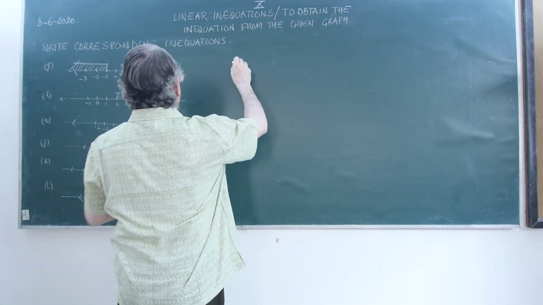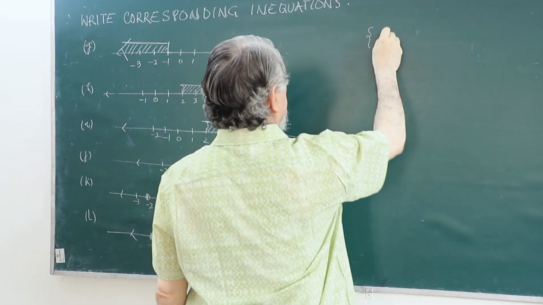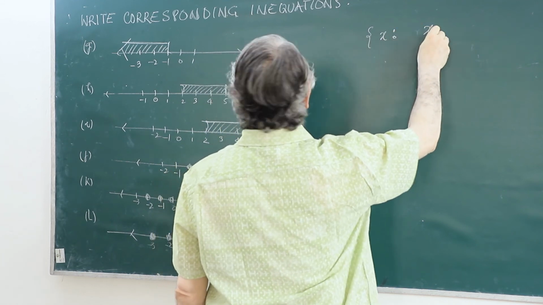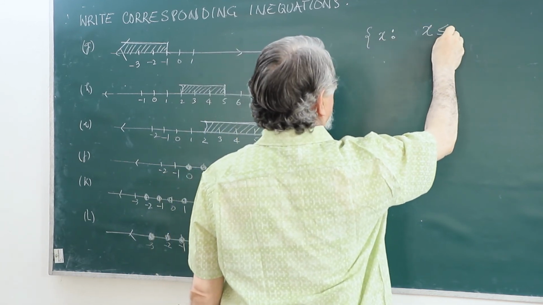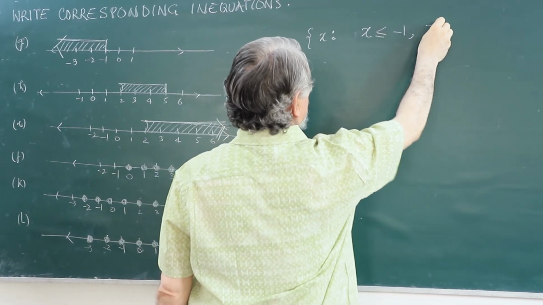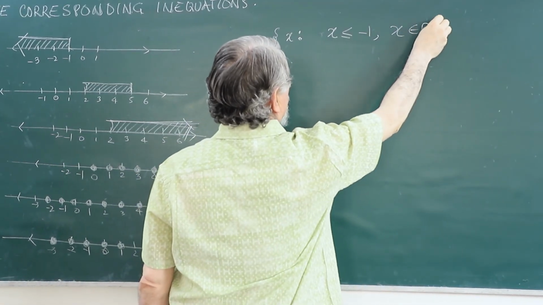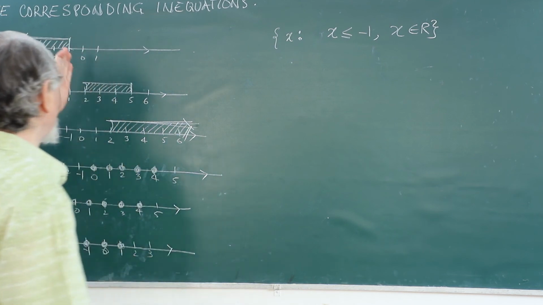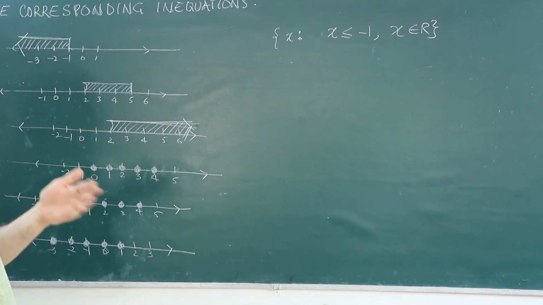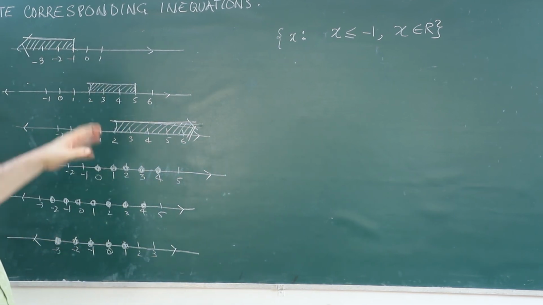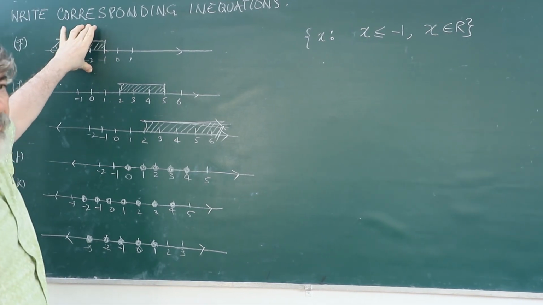So we would say that x is less than equal to minus 1, and x belongs to the set of real numbers. All the numbers which are equal to minus 1 and less than minus 1 are the parts of this inequation.